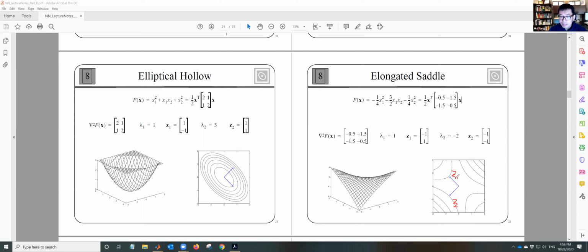So Z1 is one direction, Z2 is the other direction. You have two directions, two eigenvectors, right? Which direction are you experiencing more changes or more variations? Z1.